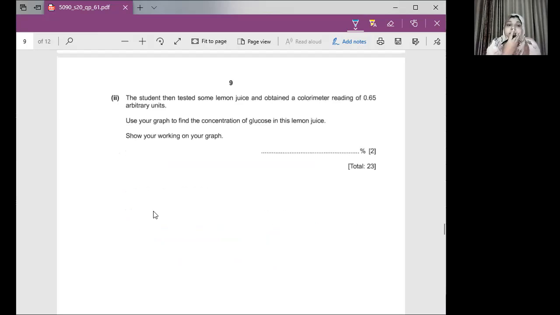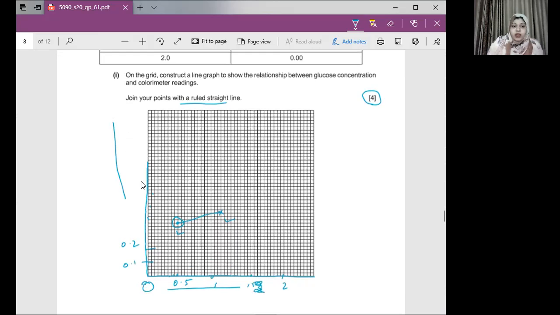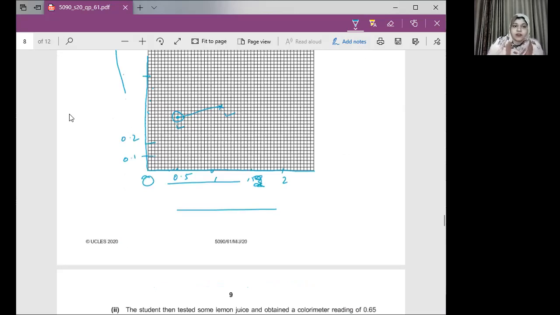The student then tested some lemon juice and obtained a colorimeter reading of 0.65 arbitrary units. Use the graph to find out the concentration of glucose in the lemon juice. Simplest is this one. When you are plotting here, definitely there is some point that they are asking, 0.65. Suppose on the graph my 0.65 is here, right?